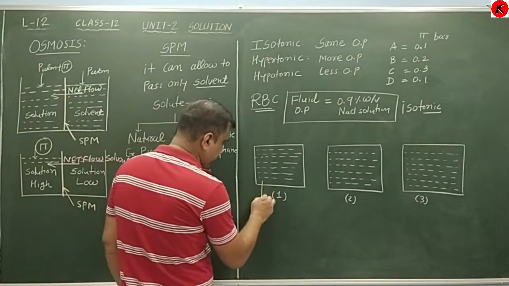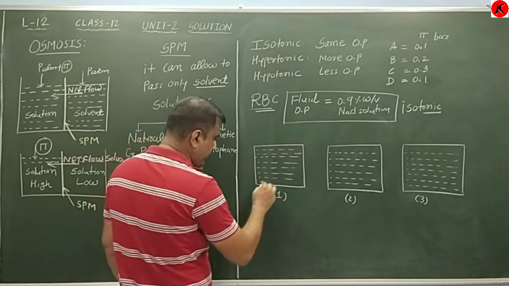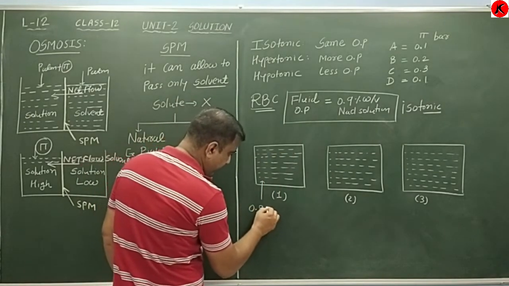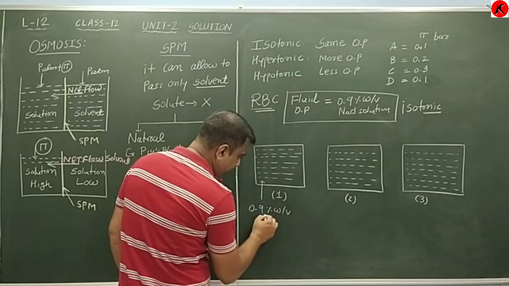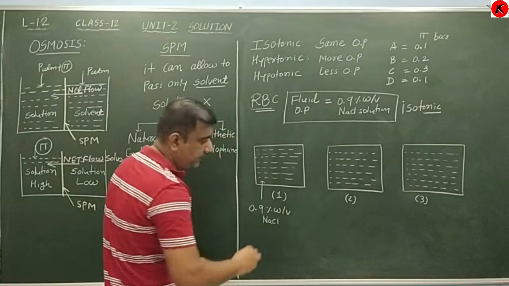Now in the first case we have a 0.9% W by V NaCl solution.